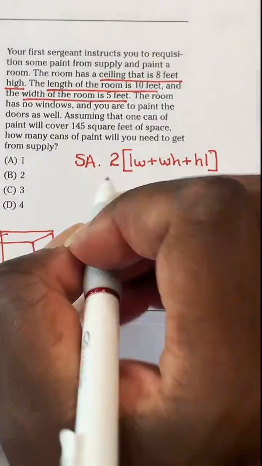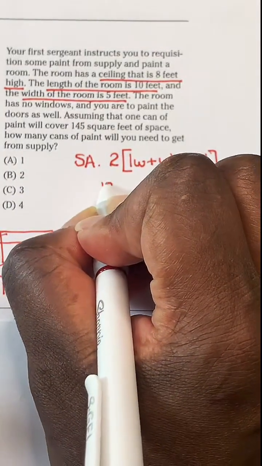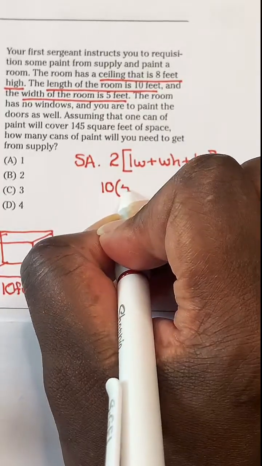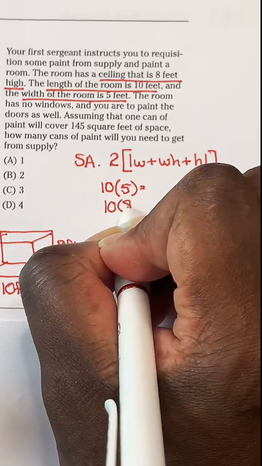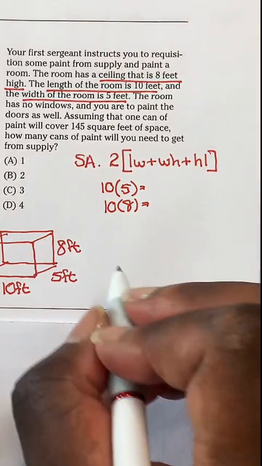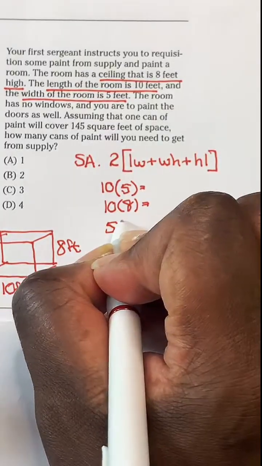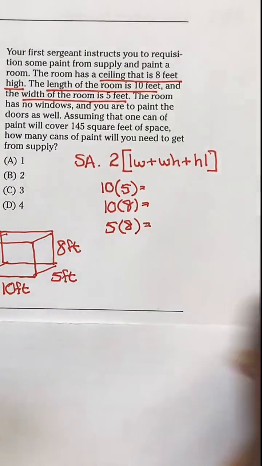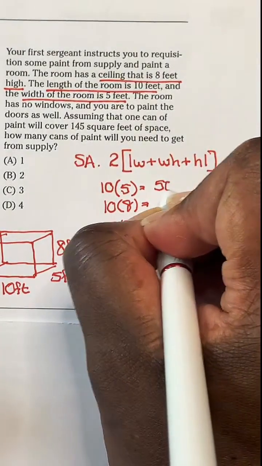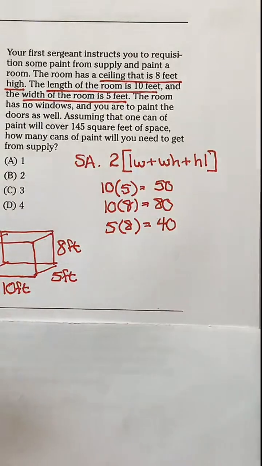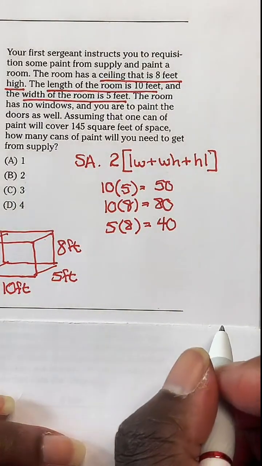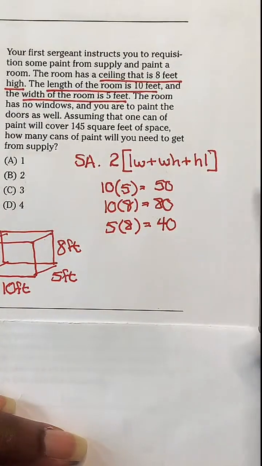The easiest way I like to look at it is, I'm just going to say 10 times 5, get an answer, 10 times 8. I stick to one of them first, and then the other 2 I multiply. So I have my 50, I have my 80, and I have my 40. You can multiply this by 2, or you can add them together, then multiply by 2. It's completely up to you.